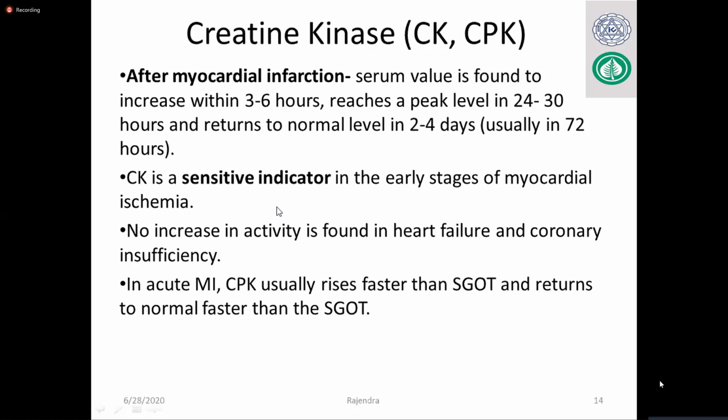Creatine kinase is a sensitive indicator in the early stage of myocardial ischemia. See, creatine kinase is a very sensitive marker in the early stage of myocardial ischemia. No increased activity is found in heart failure and coronary insufficiency.